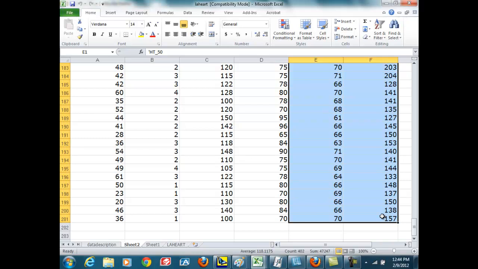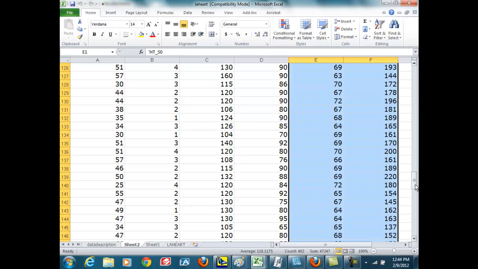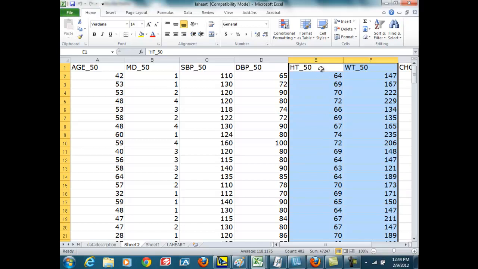Now in here we are looking at a relationship between height and weight. Height is given in inches and the weight is given in pounds, for 200 individuals.